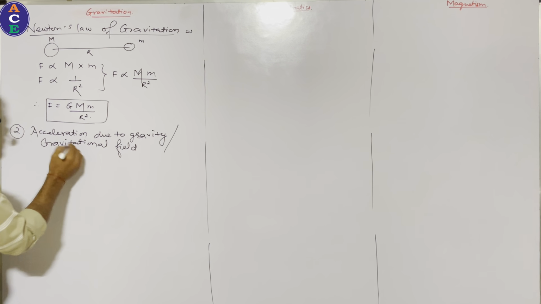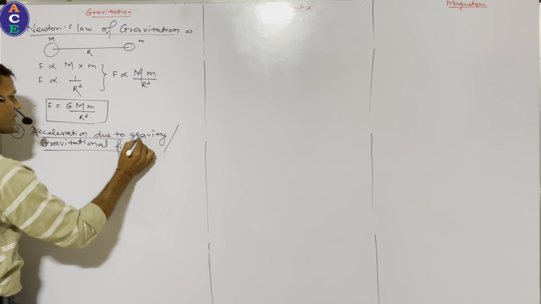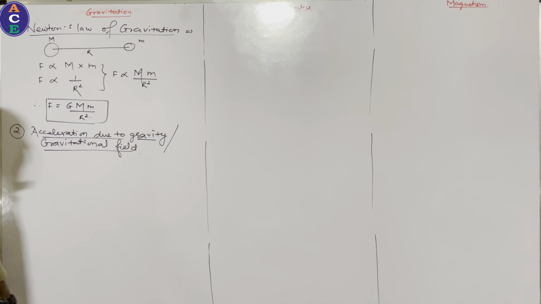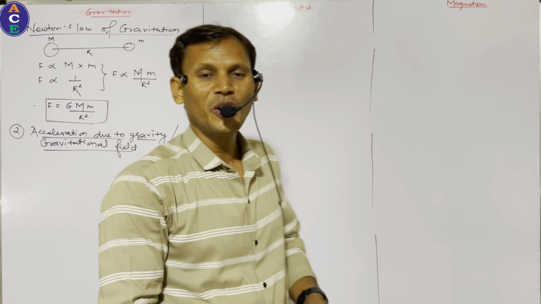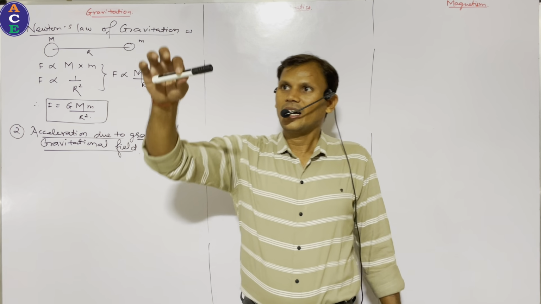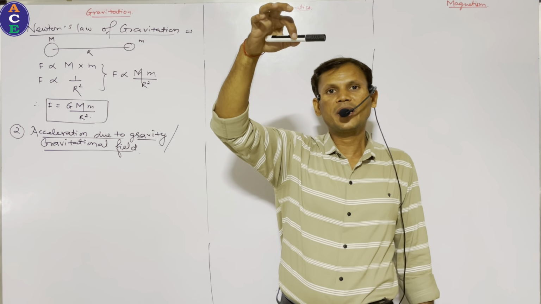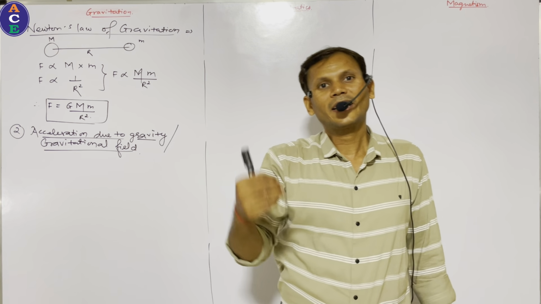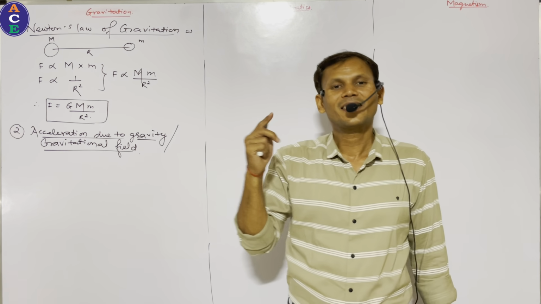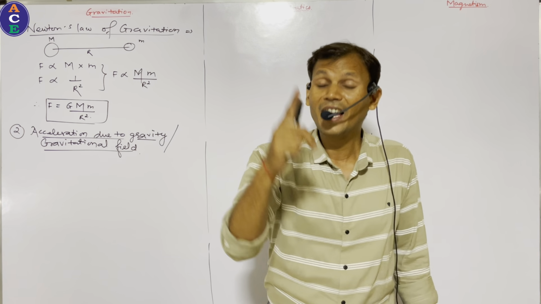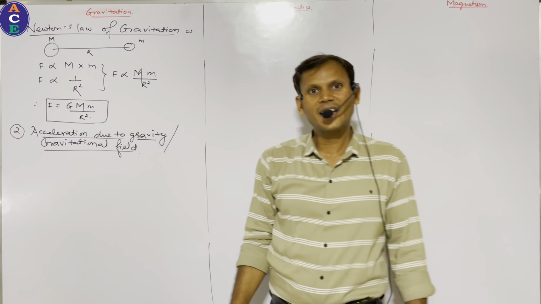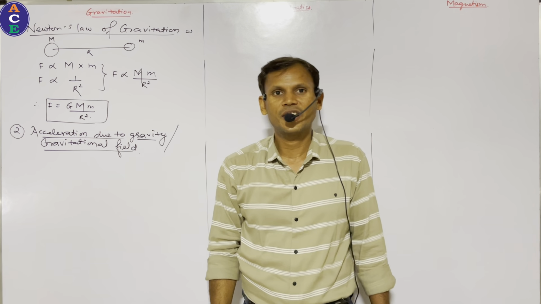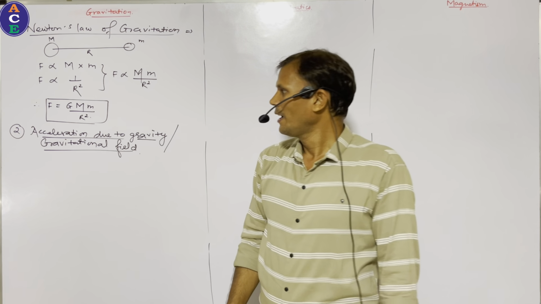We will have two definitions about acceleration due to gravity. What we know is that if we release any body from here, it always comes down. It means Earth attracts all objects towards its center with a certain acceleration. That acceleration is called acceleration due to gravity.